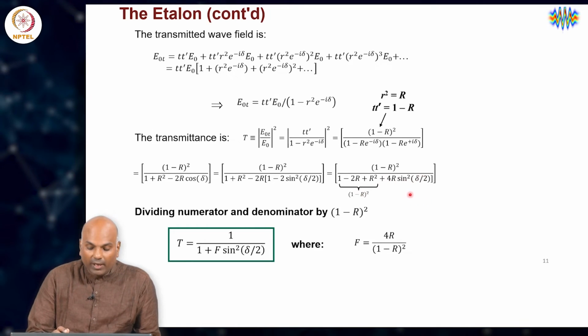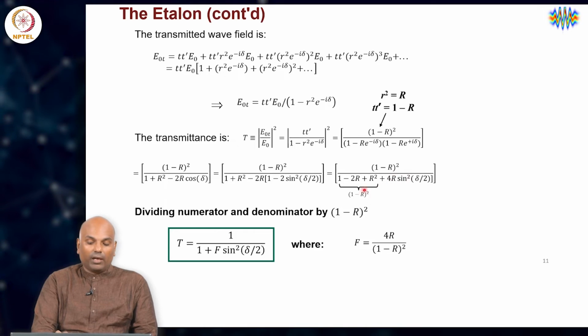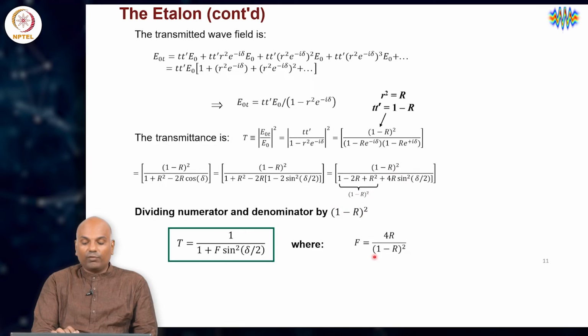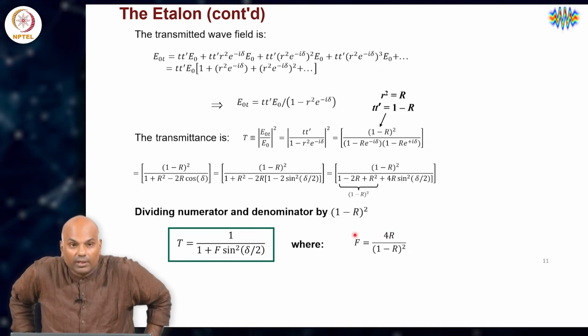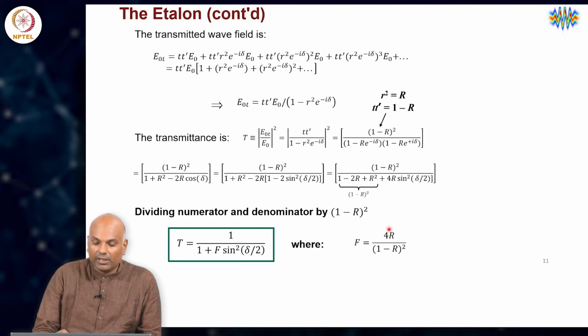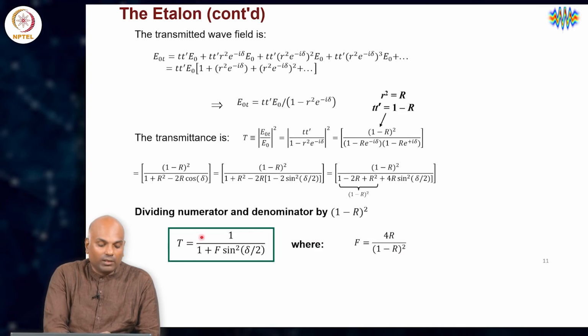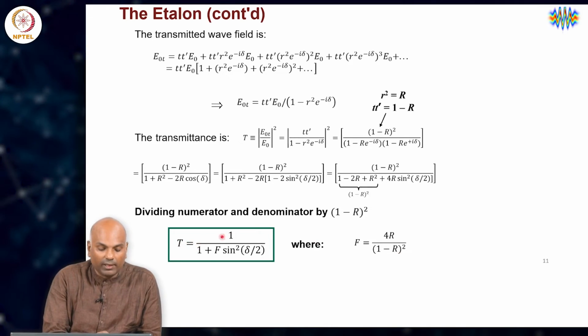Okay. So, again it is an elegant expression. After dividing the numerator and denominator by 1 minus R squared and setting 4 R over (1 minus R) squared to be this new quantity defined as F, we then deduce that the transmittance T is this very simple elegant equation.